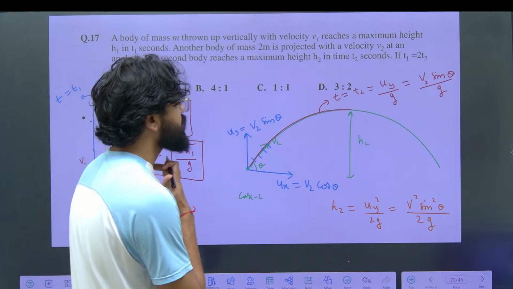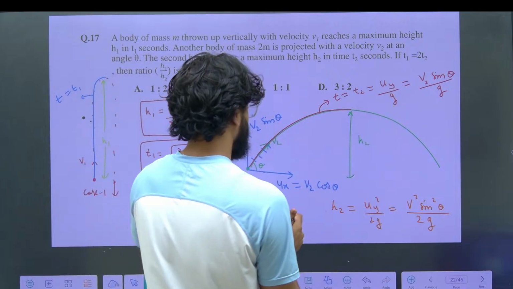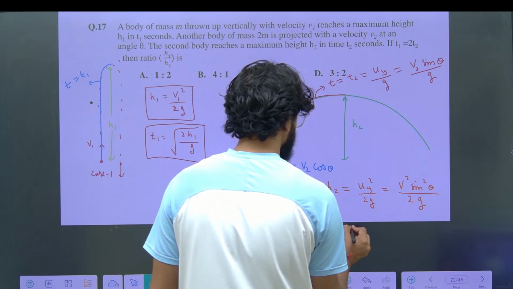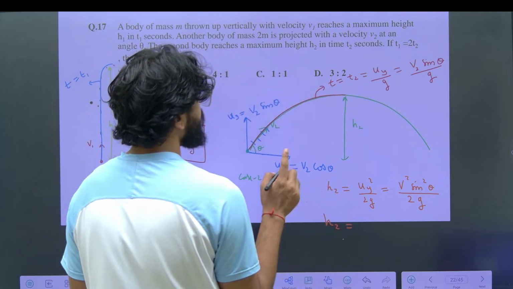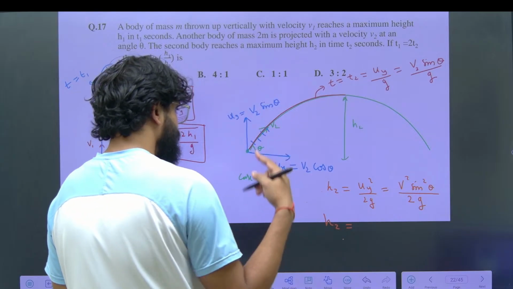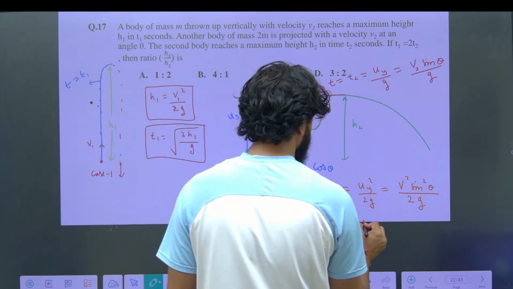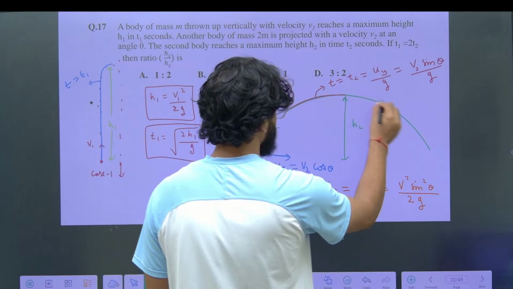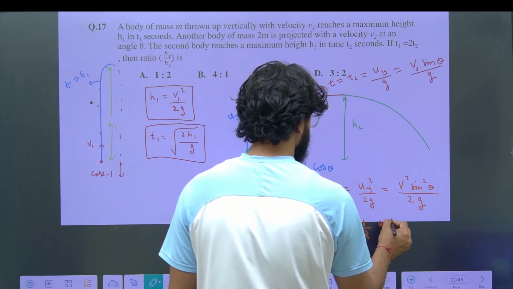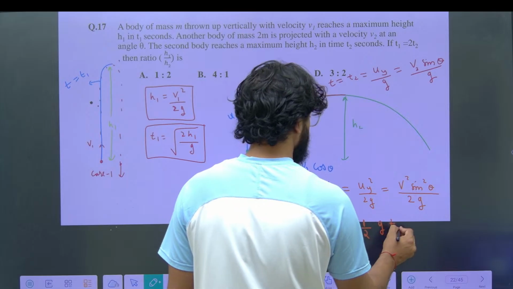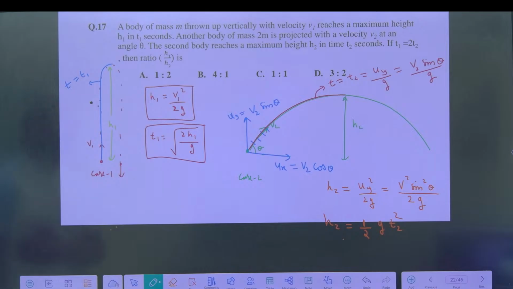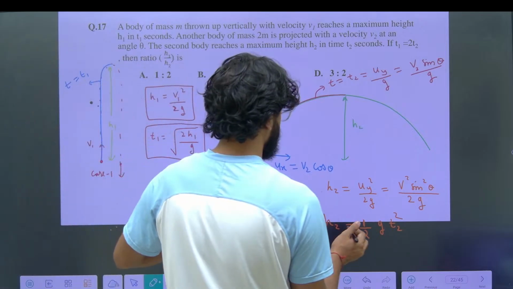And what relation can be formed from here? Okay, so we can write h2 equals half g t square, right? Because it will also be h2 equals half g t2 square, right? Okay, so that is this.